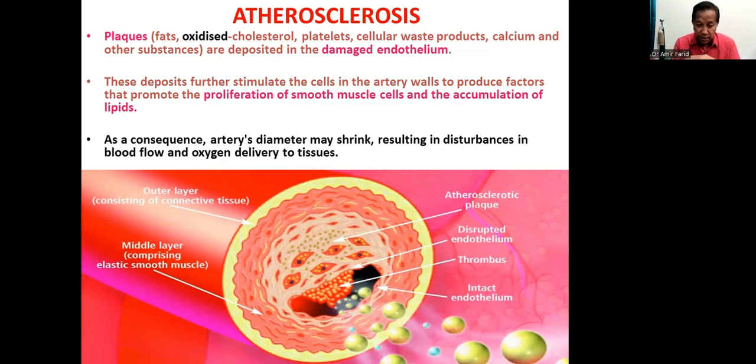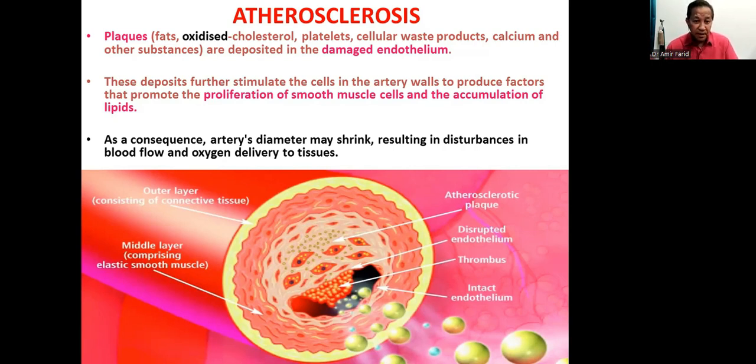Right, and then the blood vessel, of course, is encircled by the elastic smooth muscle layer, which provides the ability to contract and relax, and then the whole thing is protected by the outer connective tissue or fibrous layer.